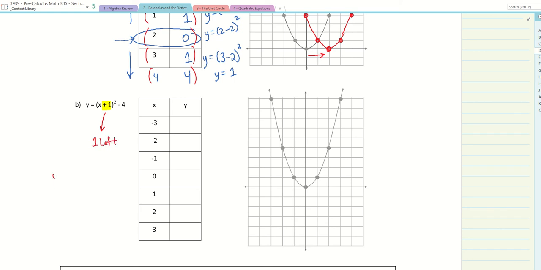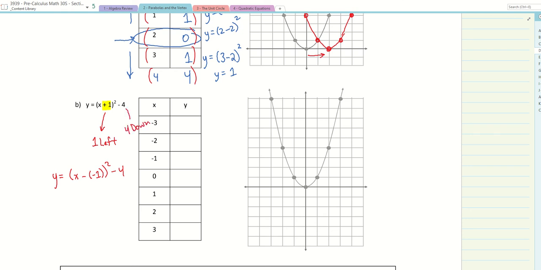Because what we're doing here is y is equal to x subtract negative 1 squared minus 4. So we're going to the left one because it's opposite what you might think inside there, and 4 down. So 1 to the left, 4 down.